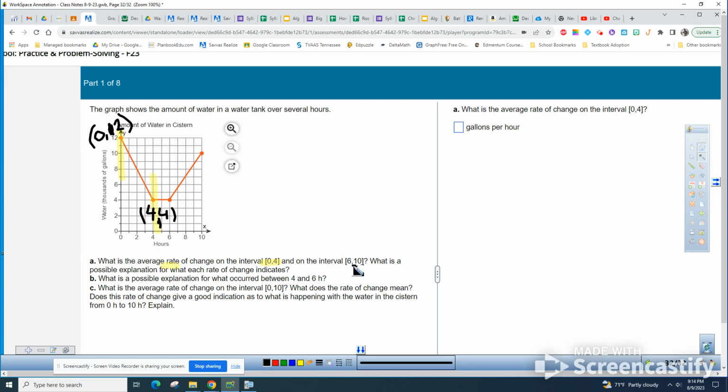Okay, and then it says 6. And then so let's go 6, 4, and then 10, 10.